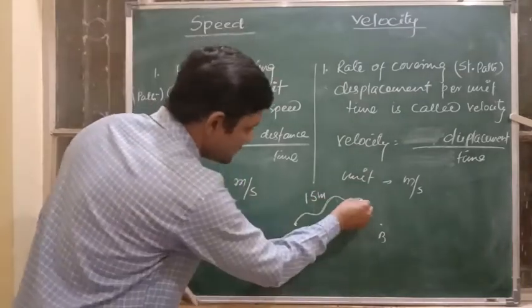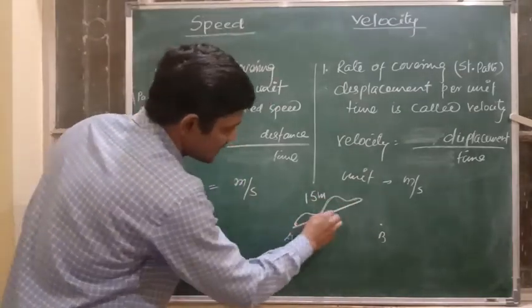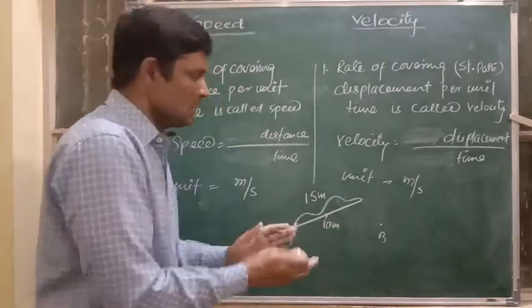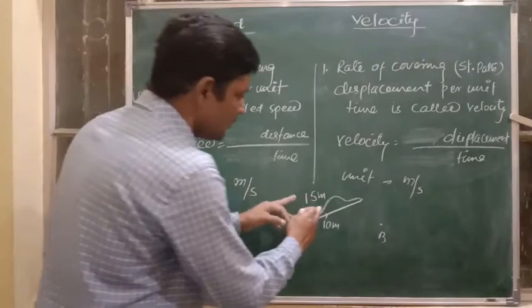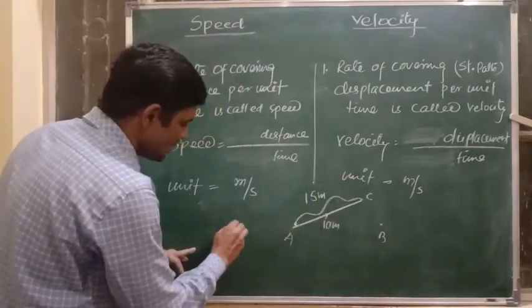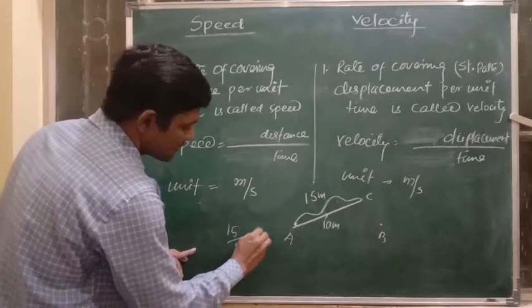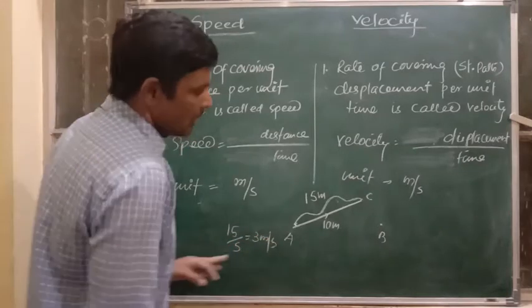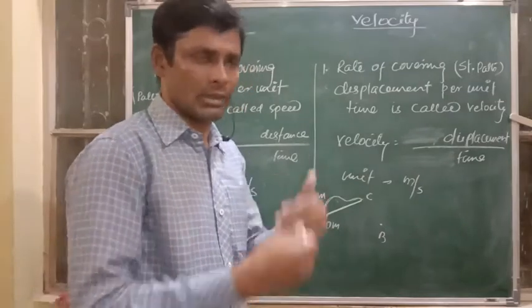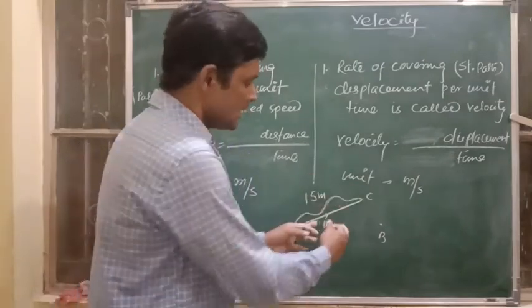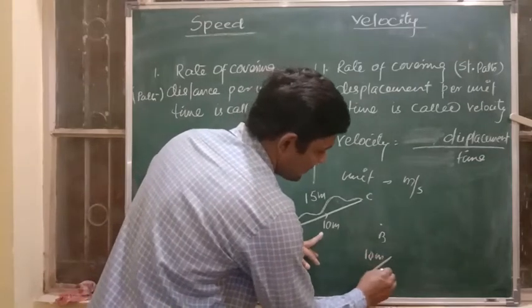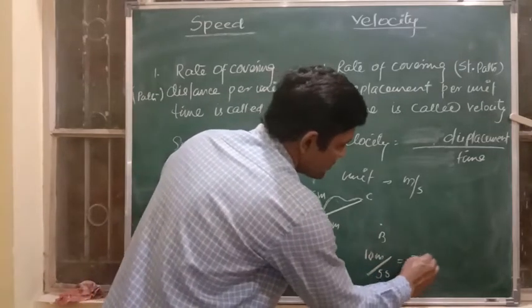But the displacement is this much, suppose 10 meters, and the time is the same in both cases. So the speed for this object from A to C is 15 by 5, that is 3 meters per second. But the straight line from A to C is 10 meters, so it is 10 meters by 5 seconds, which is 2 meters per second.